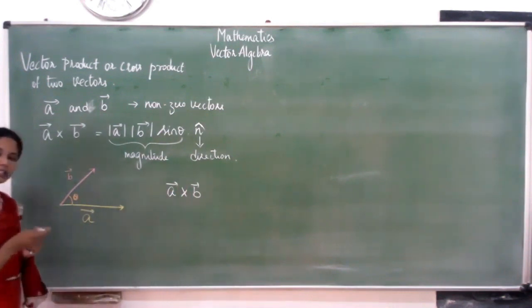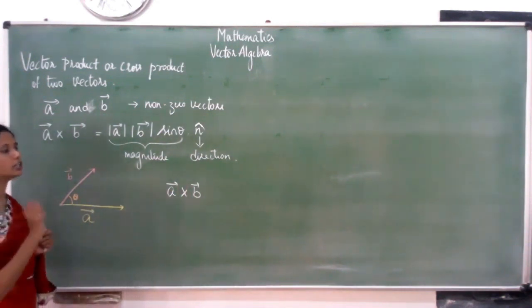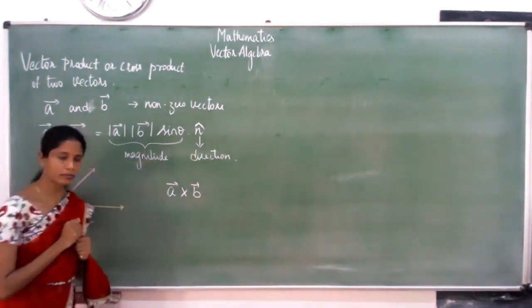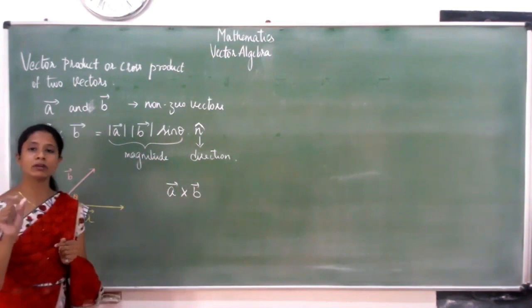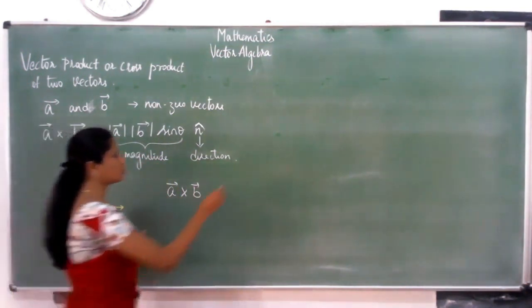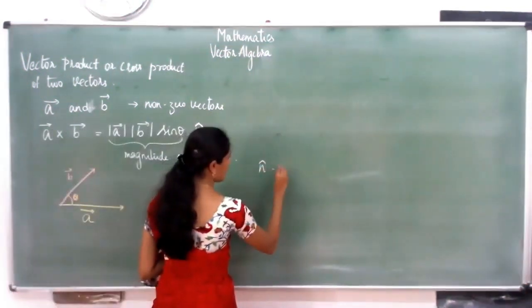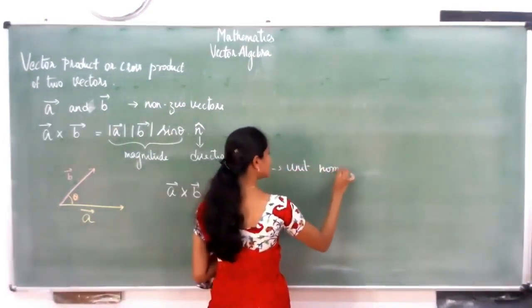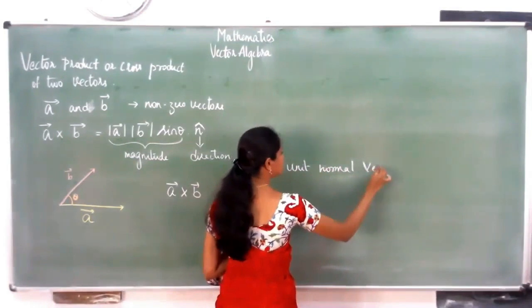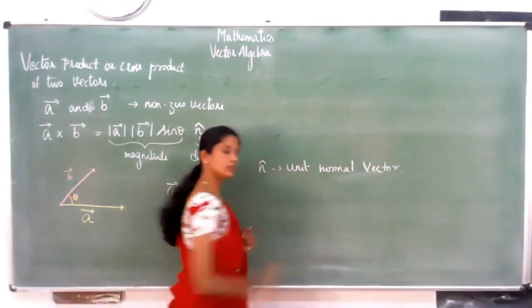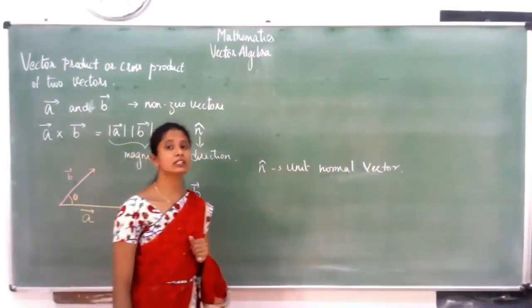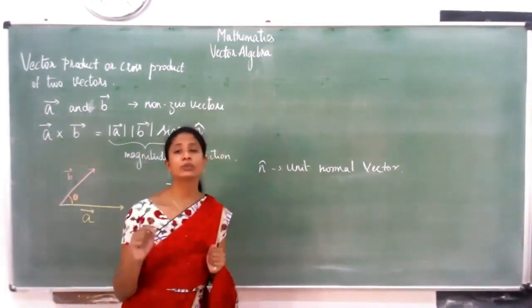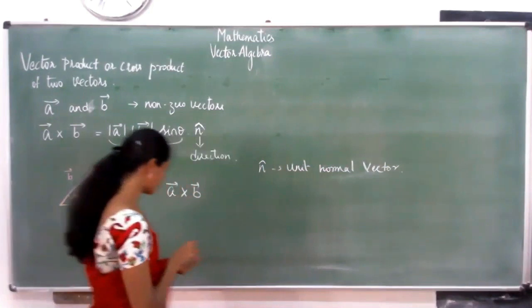Okay. So this vector is actually in the direction of the unit normal vector. n cap I am calling the unit normal vector. What is normal? Normal is nothing but perpendicular. Unit vector is a vector whose magnitude is unity.